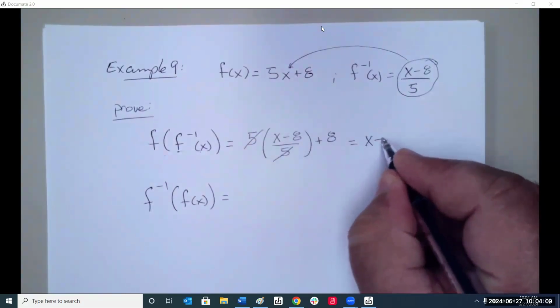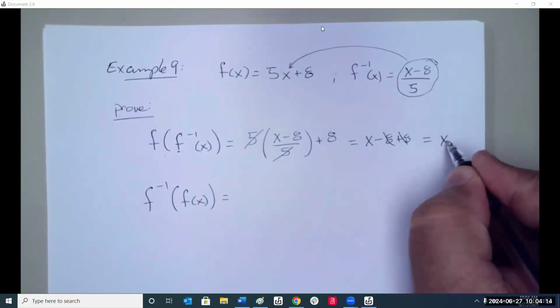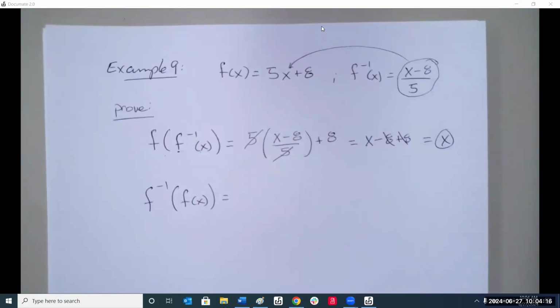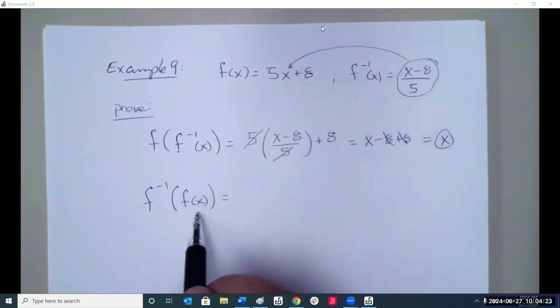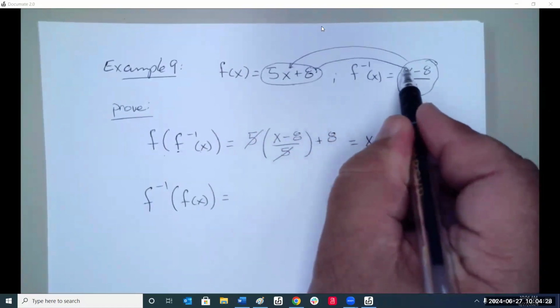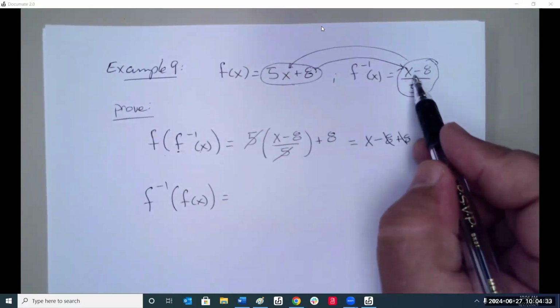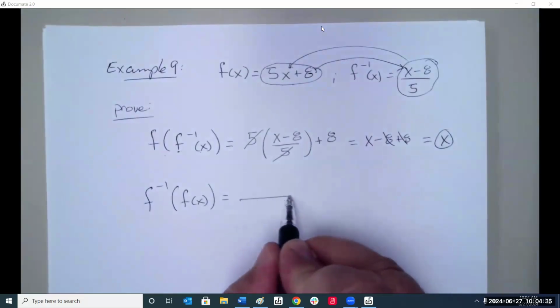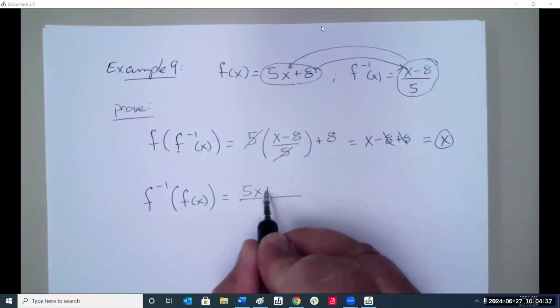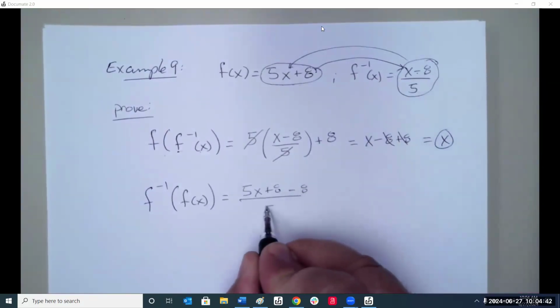That leaves x minus 8 plus 8. Then the 8's cancel, leaves us x. Check. Then the second test, we take the f of x function, plug it in place of x in the f inverse. So it's 5x plus 8 minus 8 over 5.